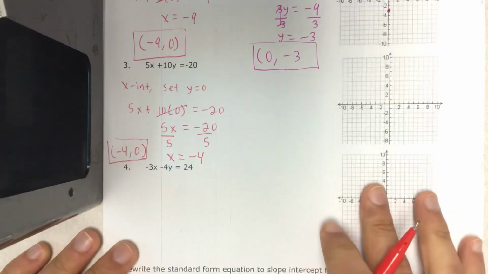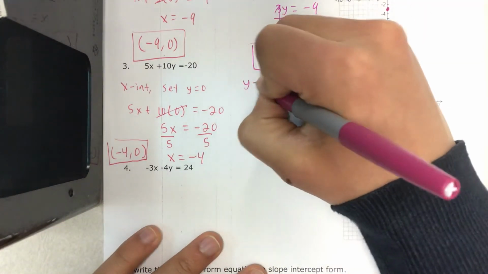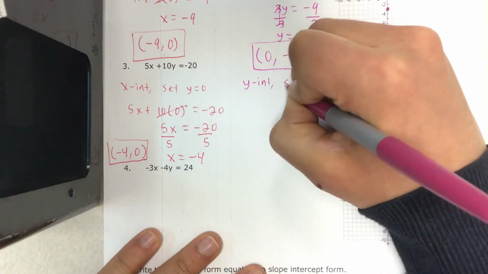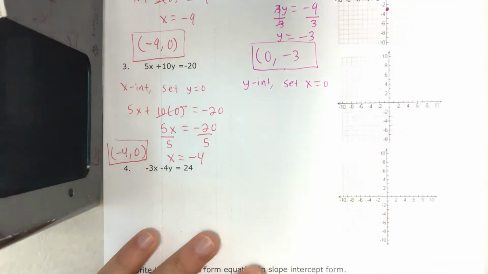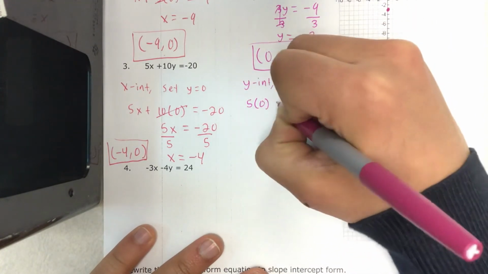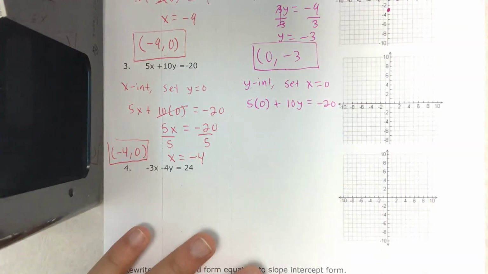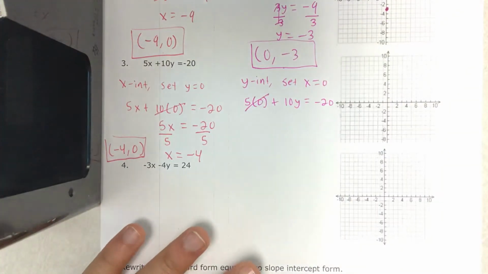X-intercept done. And for the y-intercept, remember, we set x equal to 0. So I get 5 times 0 plus 10y equals -20. 5 times 0 is 0, that cancels.